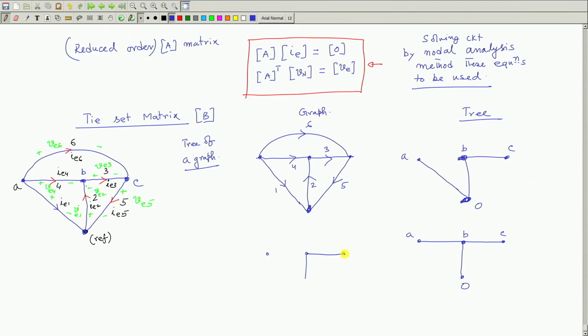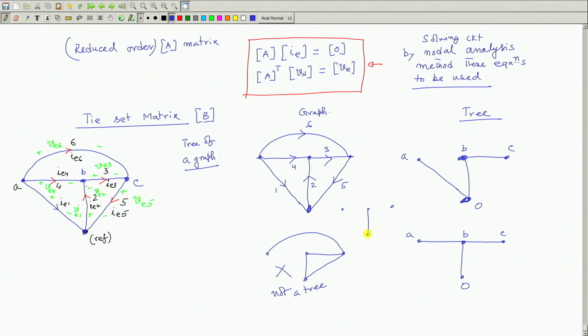All nodes are present, this is closed, this is not a tree. No, not a tree, not a tree. There should not be any closed path present, which is a subset of these elements. Some elements you choose such that all the nodes are present, no node is left alone, that is, this is also not a tree.